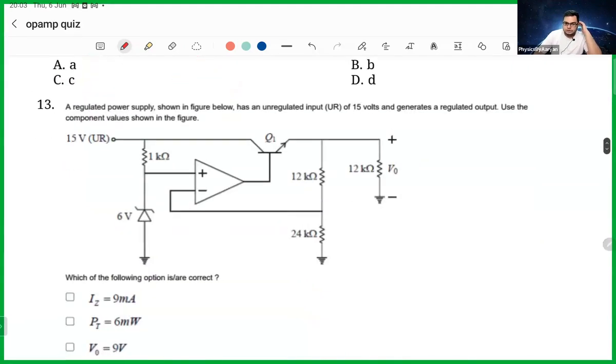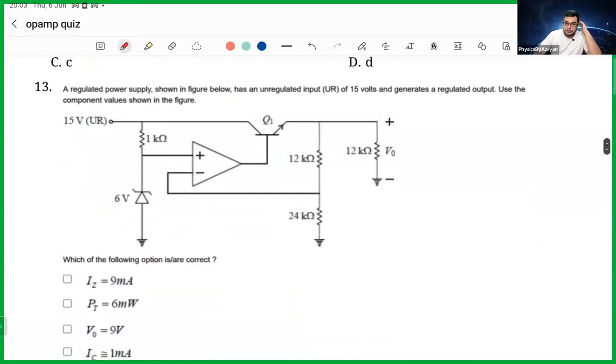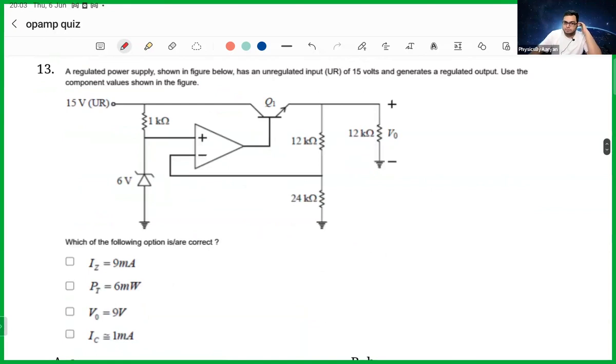Now this is a very interesting problem, one of the difficult problems. Let me first explain this problem, and then we will think of it.